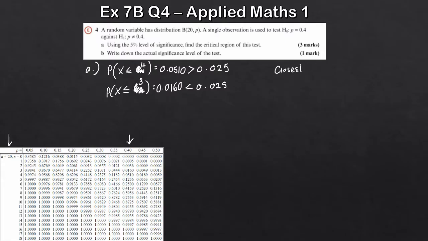As a rhetorical question, consider both your values, which one's closer? Well, it's this one here, 0.0160. So what we say is that the critical value for this tail is 3, so critical value is x equals 3.